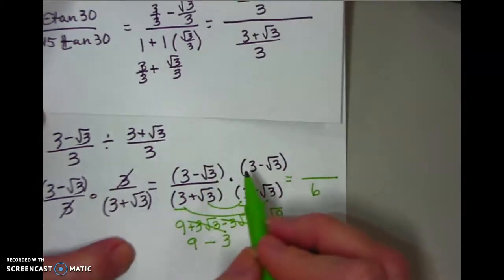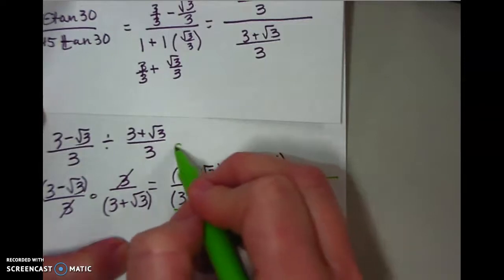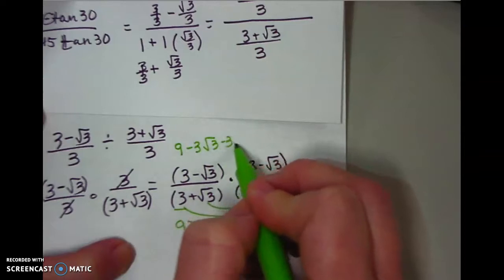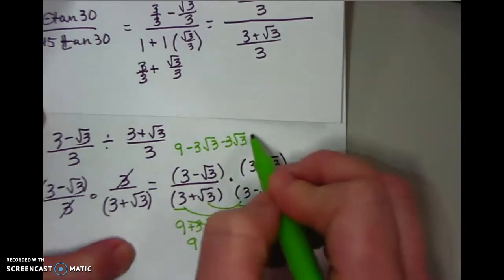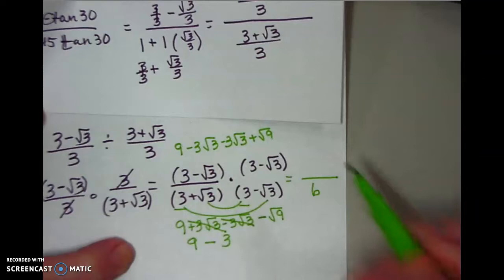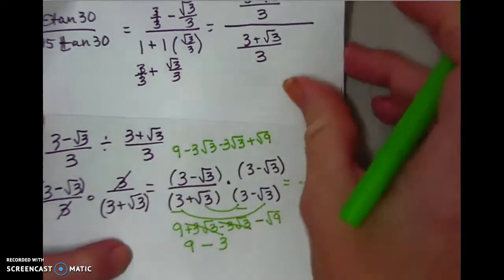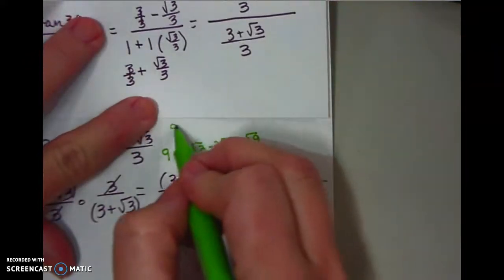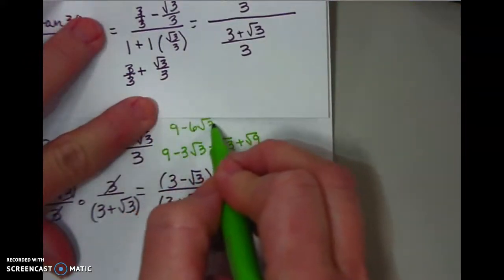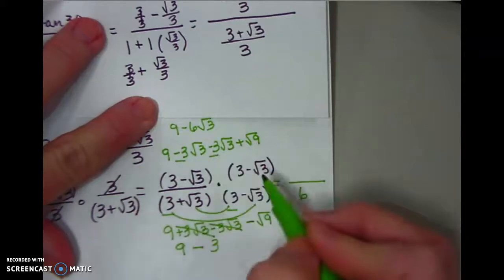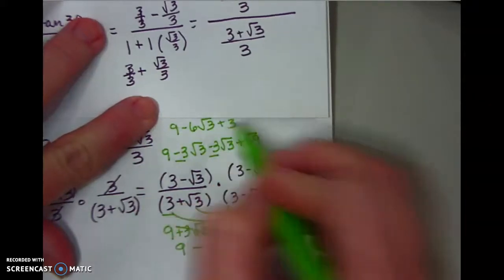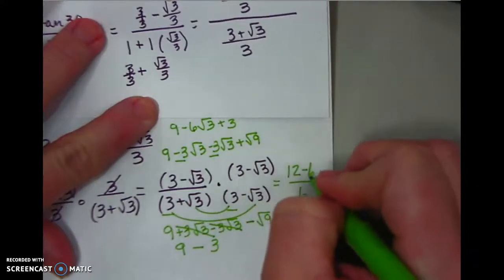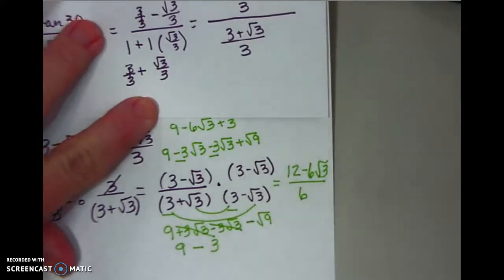On top, when I FOIL, first, outer, inner, last. Negative times negative is a positive square root of 9. So this is 9 minus 6 square roots of 3, because these are like terms, and the square root of 9 is 3. So now I have 12 minus 6 square roots of 3.